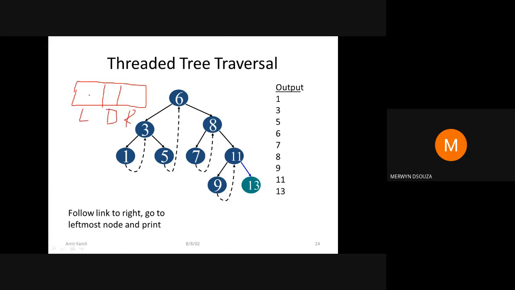If this was a leaf node, we were just putting null and null here, and we were wasting this place, occupying memory with useless information. So they decided to make the traversals a bit more efficient by including the in order successor or in order predecessor information here. When you do that, the in order traversal becomes better because it avoids the use of stacks and recursion. Please remember this.